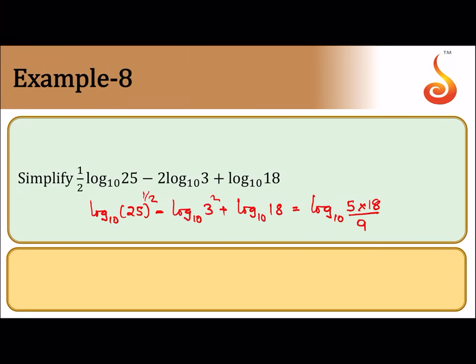This can be written as log base 10, 5 into 18 by 9. Why? Because minus sign is there, log m plus log n you apply here, minus this one. So this will cancel, you get 2 log base 10, 10 which is equal to 1. If the base and the number are the same, the value is equal to 1.